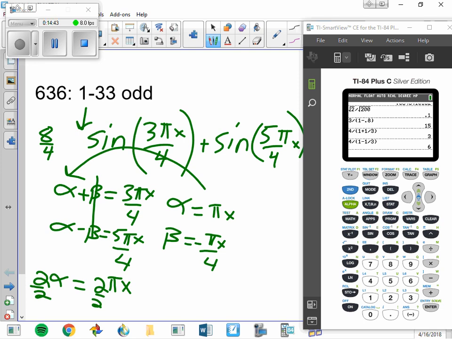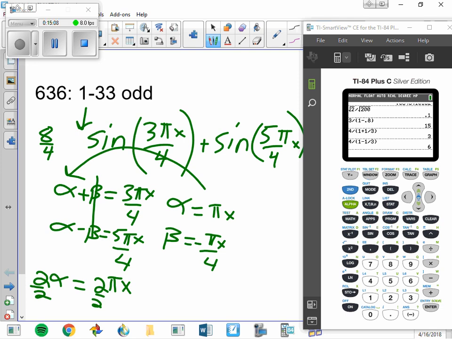Okay. Now I can write the product formula. Oh, wow. Yeah, there are some sum to product formulas right there. Oh, I'm doing it the hard way.